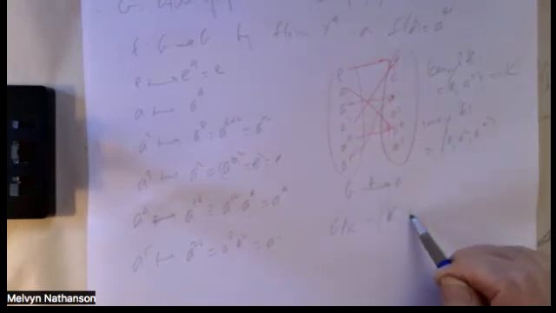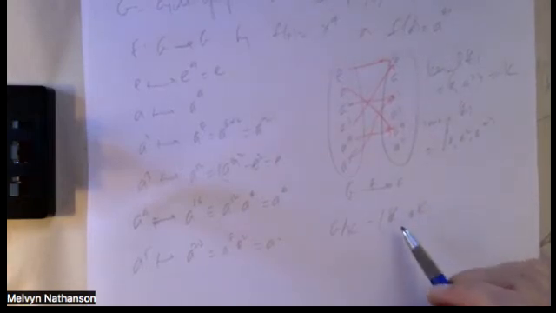And G mod K, the cosets, again consists of the three cosets K, AK, and A squared K.